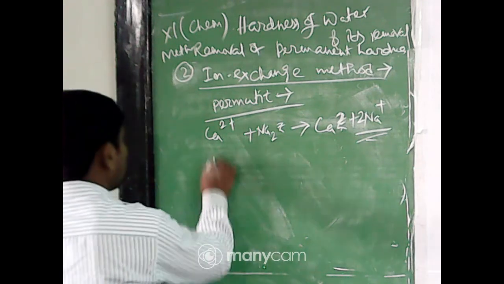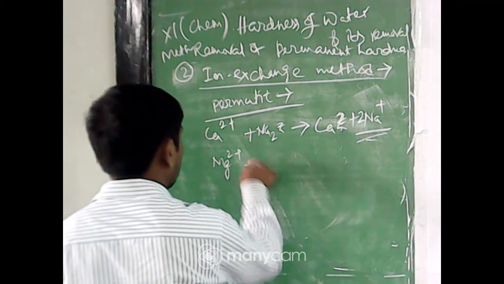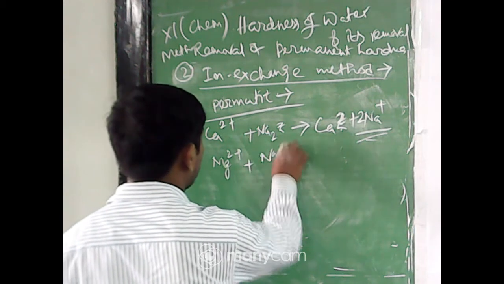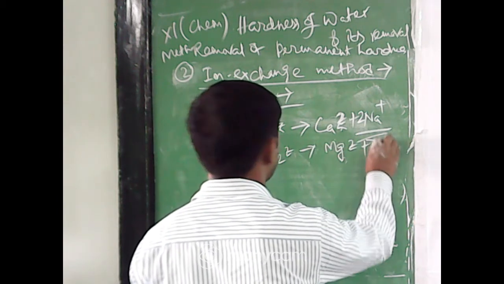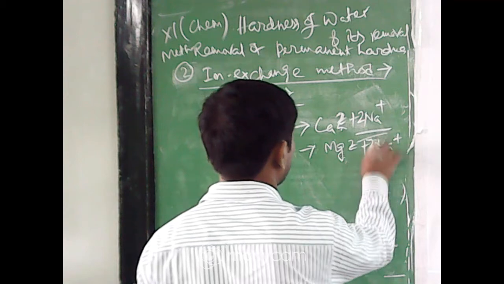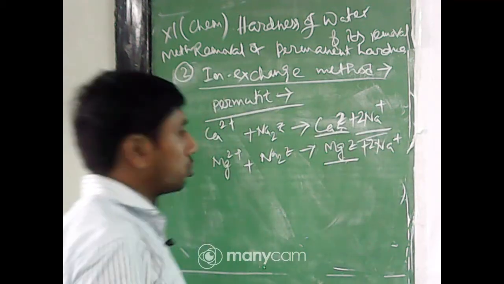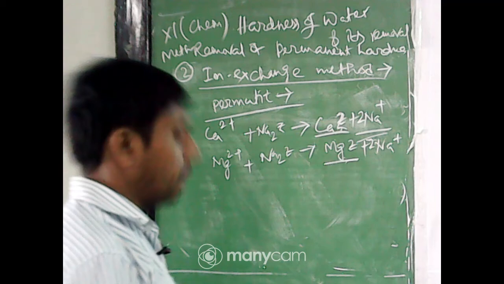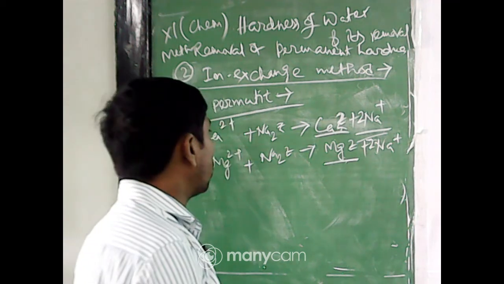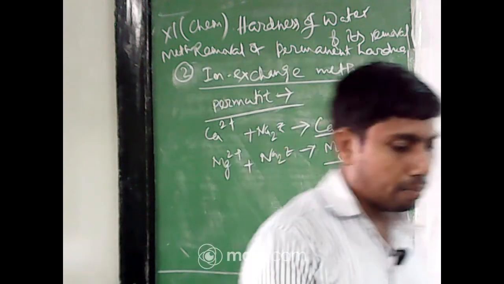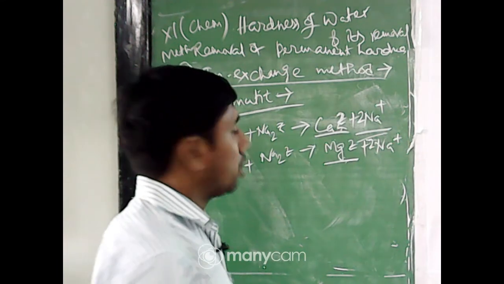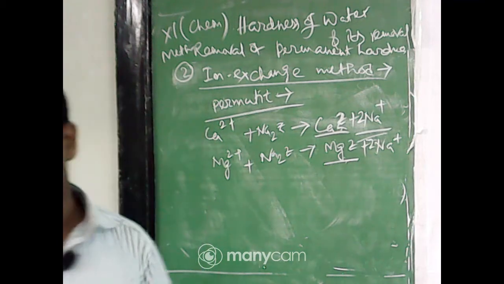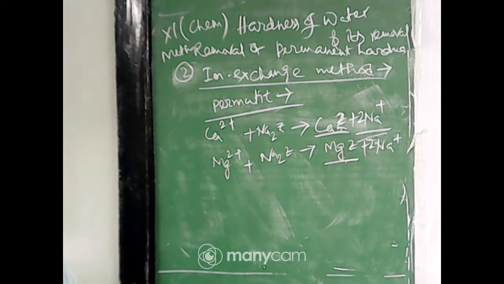If magnesium is present, then again the same kind of reaction: Na2Z will produce MgZ plus 2Na+. So calcium and magnesium form a compound with the zeolite, and the sodium ion becomes free. This is the Permutit method. Now, there is a pictorial diagram showing how the Permutit method is useful for the removal.